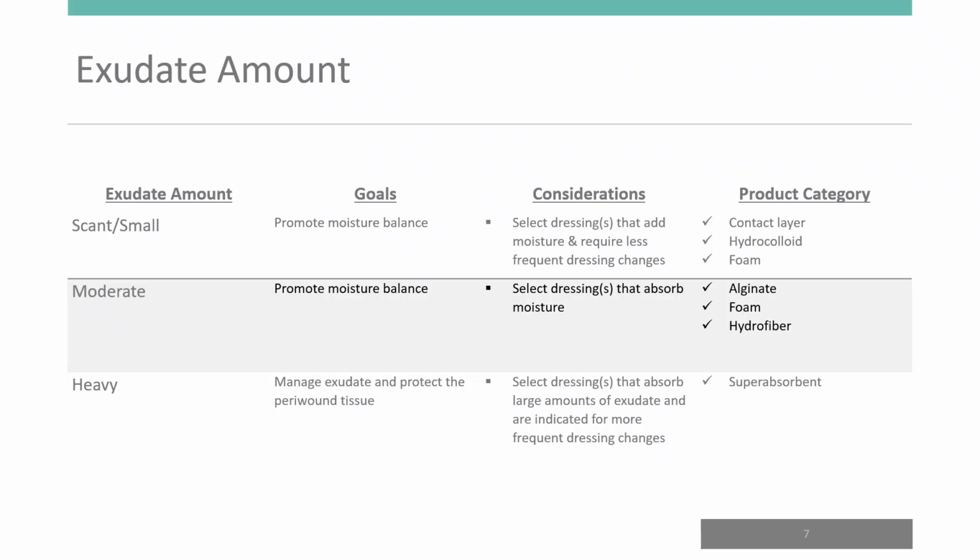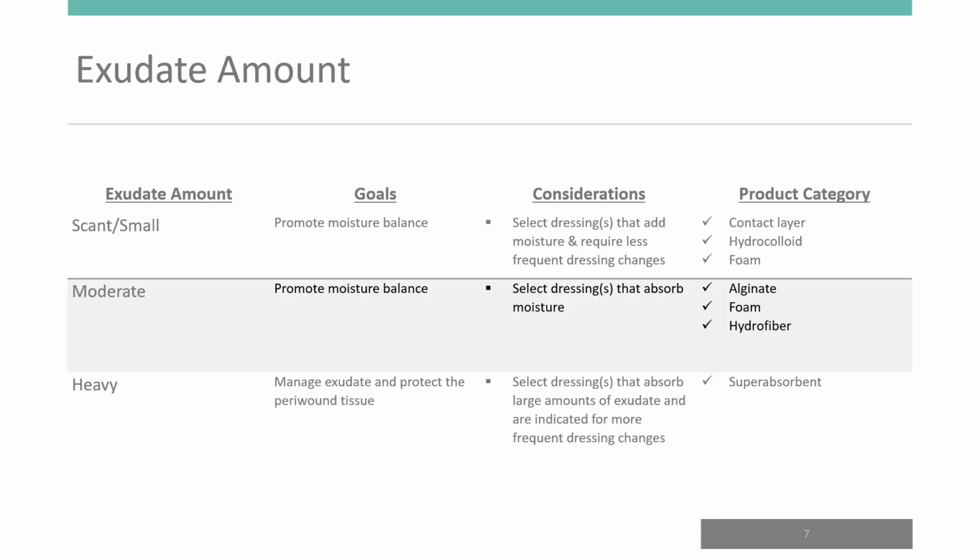When we consider exudate amount, if the wound has scant or small amount of exudate, the goals of therapy would be to promote moisture balance, and selecting a dressing that adds moisture or requires less frequent dressing changes would be appropriate. Those product categories are contact layers, hydrocolloids, and foams.